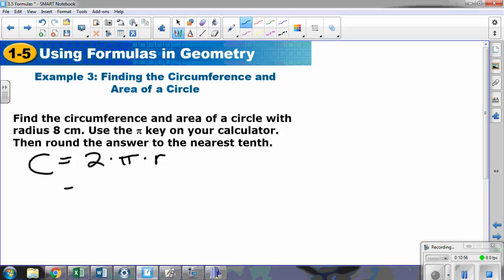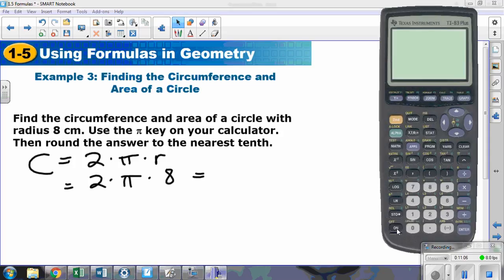And so we would have 2 times pi times 8. And we'll go directly to our calculator because we weren't asked to leave it in terms of pi. And so 2 times pi times 8. And round our answer to the nearest tenth. What do we have?